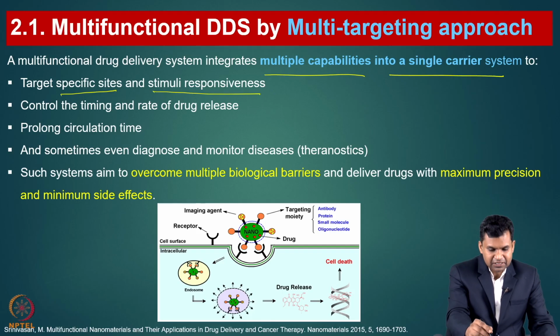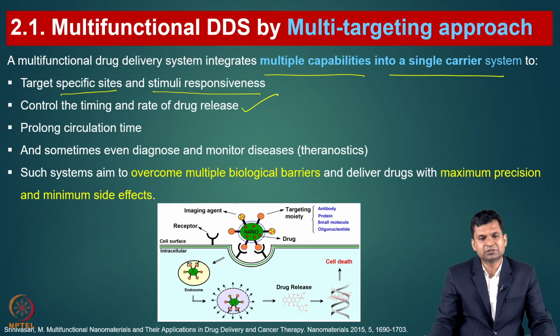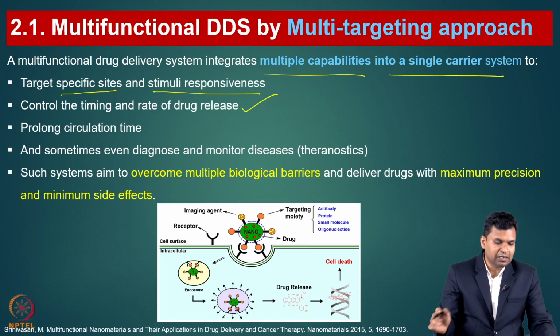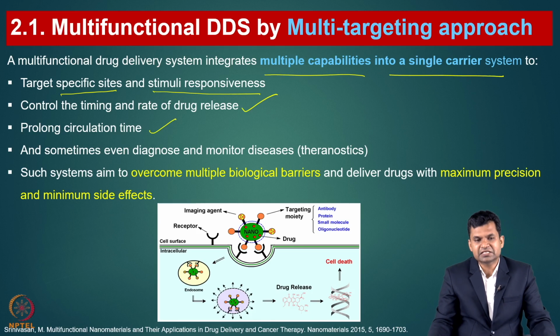With that you can also control the release rate, and yes, if you use various types of polymers, you can also prolong the circulation time, because you can avoid the fast clearance of the molecules or nanosystems, drug delivery systems from the blood. So, that is also possible with the multifunctional nanosystems.